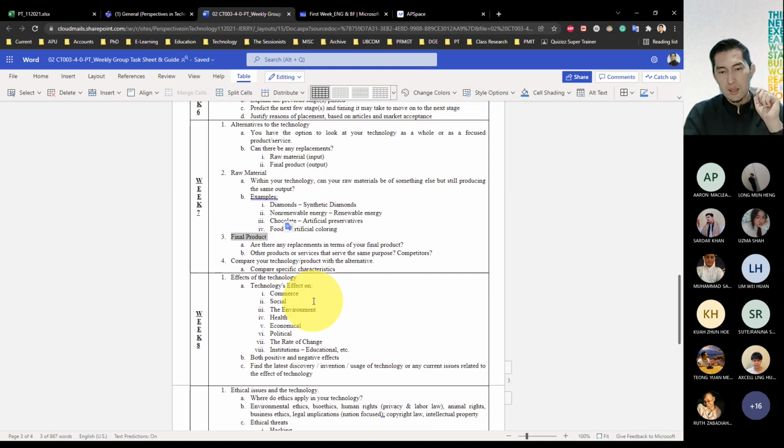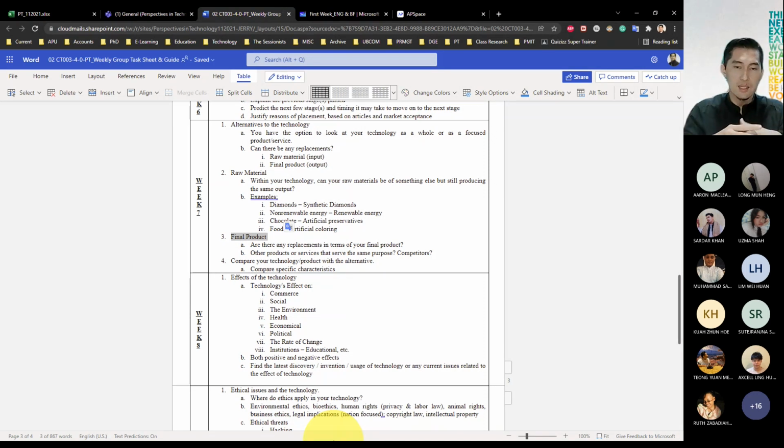Now, remember, when you're identifying an alternative, it is important to find something that is not too different either, right? Because if you're finding an alternative which is very different, then the whole idea would be how is this really considered an alternative, right? But I do understand that you will be able to find that there are differences. Those are totally fine.